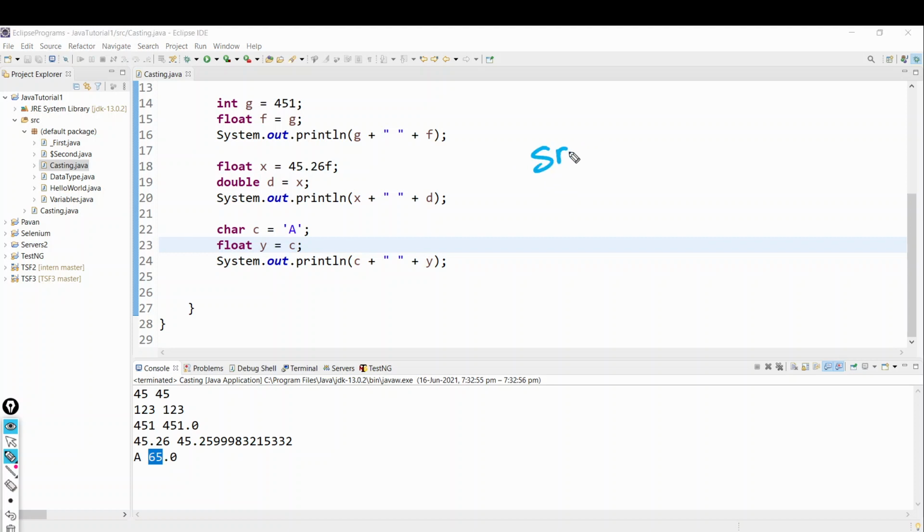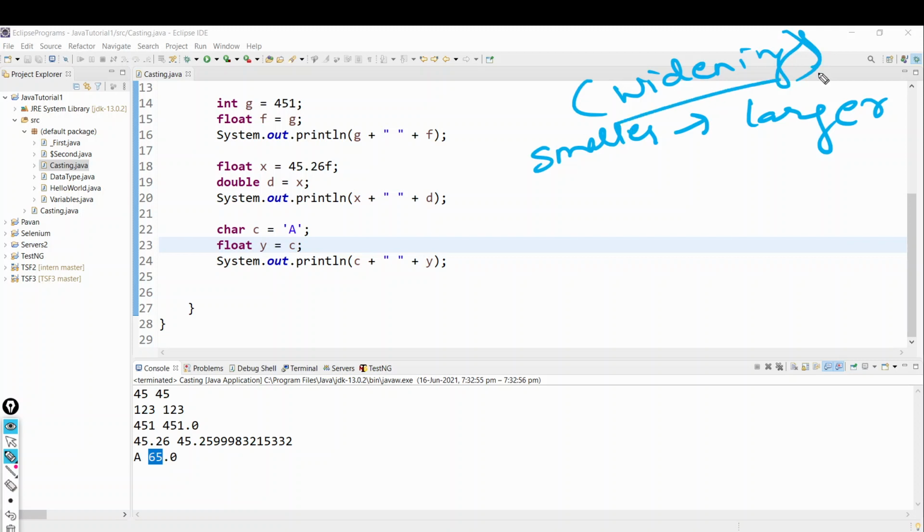Implicit typecasting means casting from smaller data type to larger data type, and it is often called widening conversion. Don't forget this name, because this is the other name used for implicit casting. It is most often called widening conversion, so don't get confused; it is nothing but implicit typecasting.